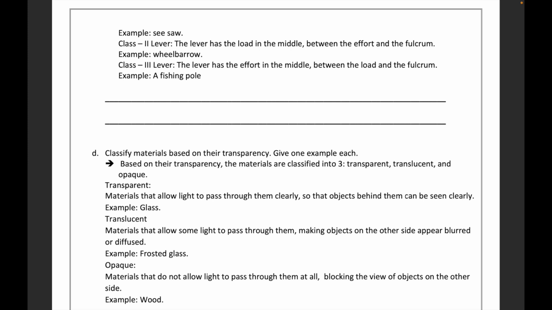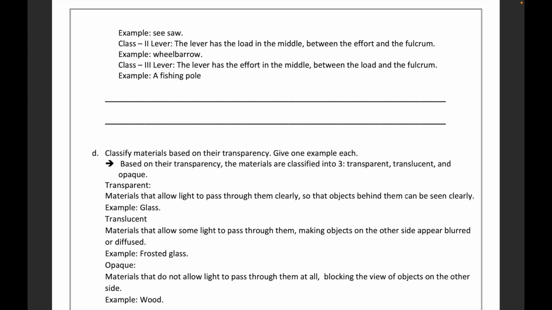Class 2 lever: the lever has the load in the middle between the effort and the fulcrum. Example, wheelbarrow. Class 3 lever: the lever has the effort in the middle between the load and the fulcrum. Example, a fishing pole.